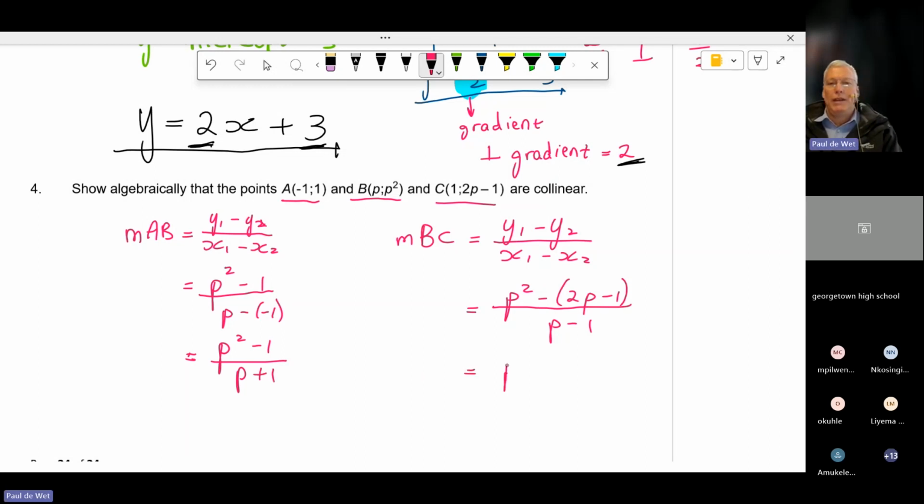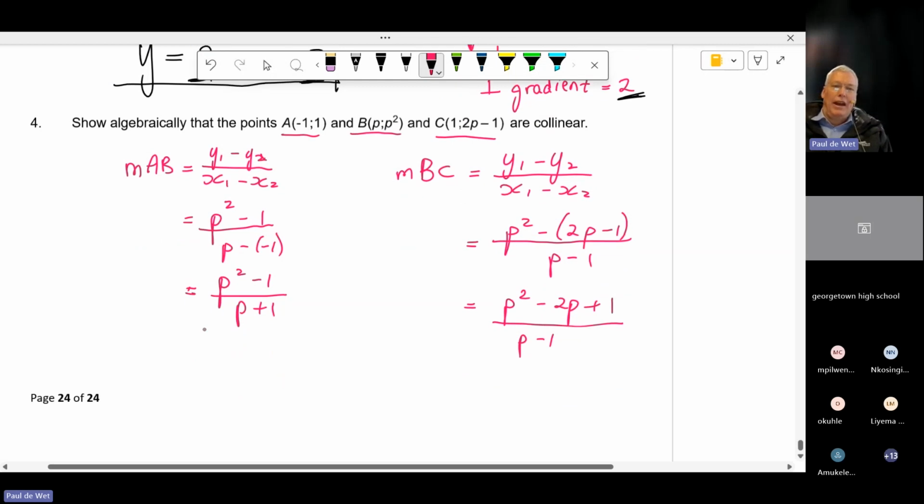This one is p squared minus 2p plus 1 over p minus 1. Now, guys, I want to show that these two things are the same. And this comes now to some normal algebra, because I want us to try and factorize and simplify.